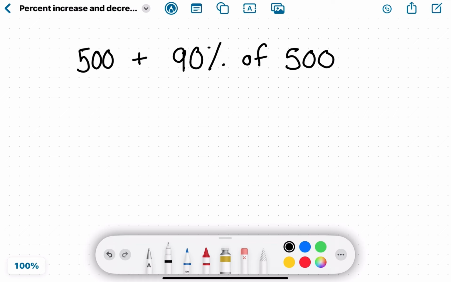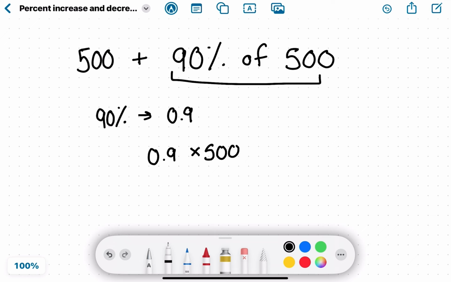What you would have to do is you take 90%, make that into a decimal, which is 0.9. 0.9 times 500. Because right now we're finding 90% of 500 to add to 500. 0.9 times 500.